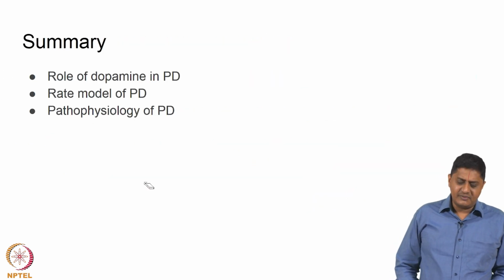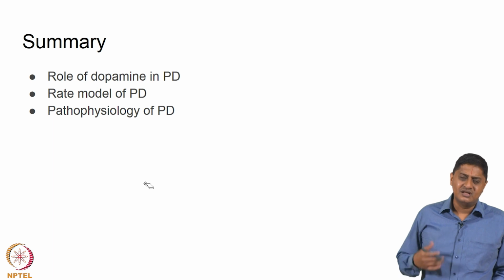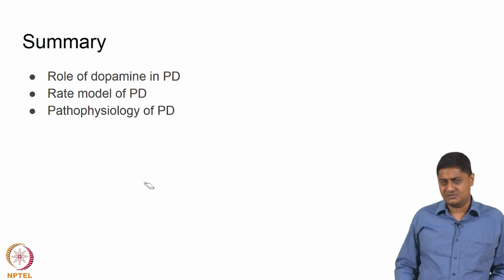So, in summary, what we have seen is the important role of dopamine in Parkinson's disease. Essentially, in the rate model of Parkinson's disease, in the absence of dopamine, the indirect pathway becomes more active and the direct pathway becomes less active, essentially leading to an increased inhibition at the thalamocortical level, right.